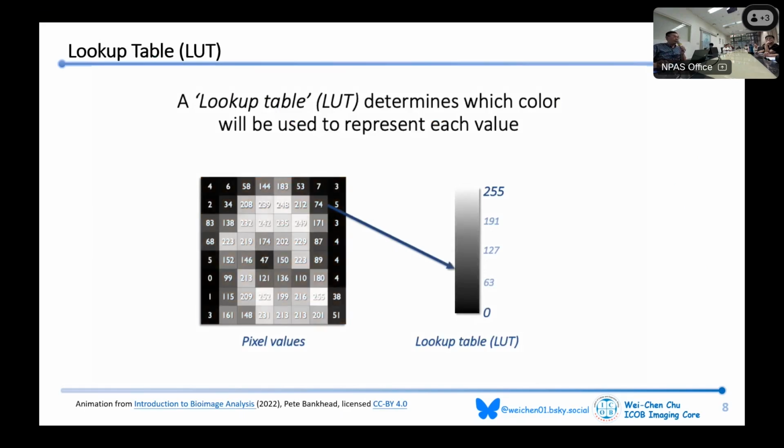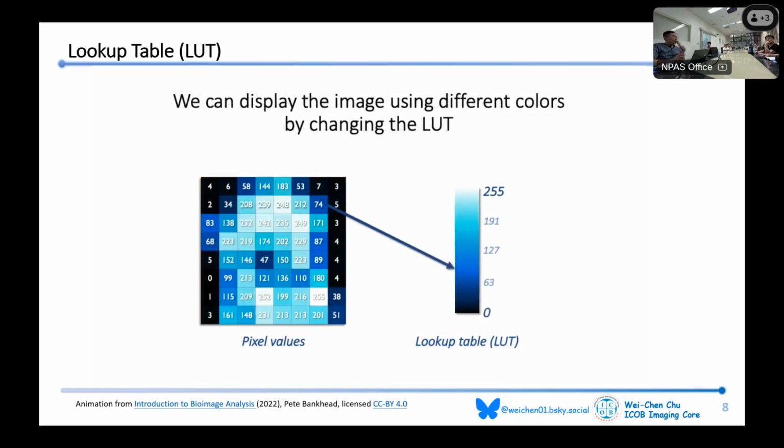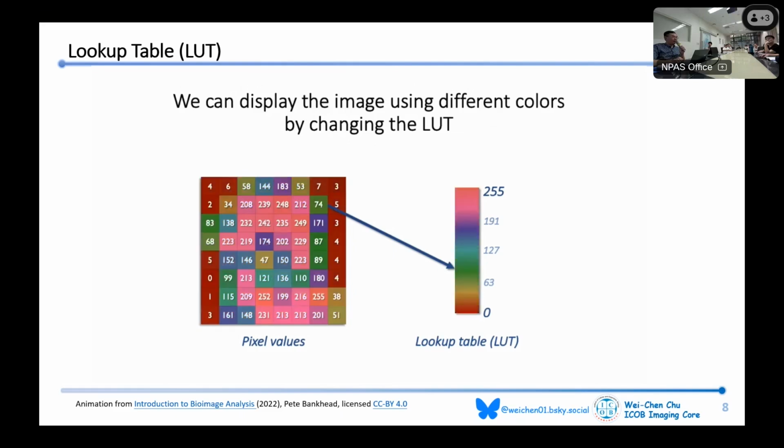If we use a grayscale lookup table, this looks gray. If we apply cyan or blue, it looks blue. This is fire, and this is like rainbow color. Although the pictures look different, the pixel values inside are the same. This is a very important concept. You can apply different colors, different lookup tables, or different pseudo colors, but inside, the pixel values should be the same.